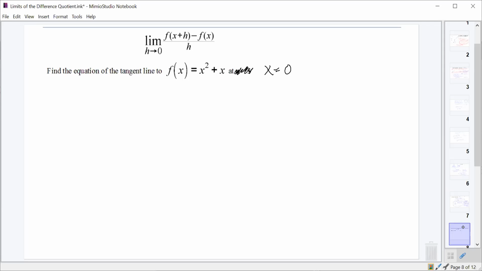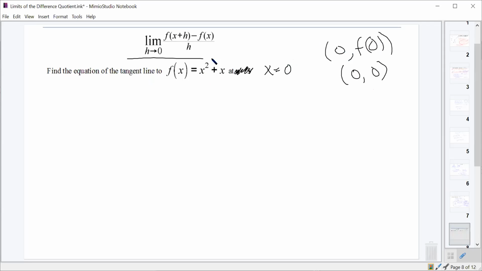So first off, what's the point? The point ought to just be 0, comma f of 0, and that would be 0, 0. The point was an easy one to find. Now we need to find the slope of the tangent line to this function at x equals 0.